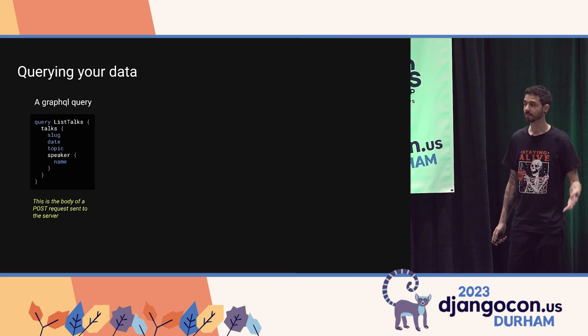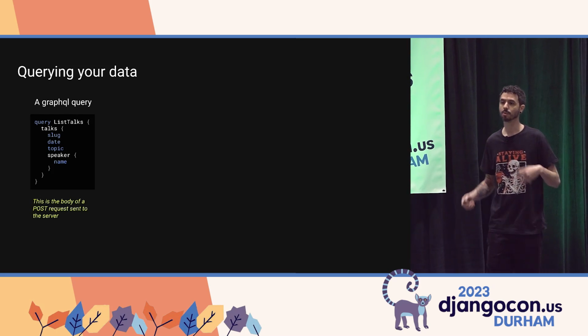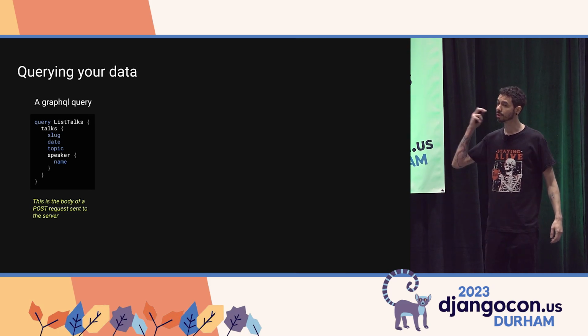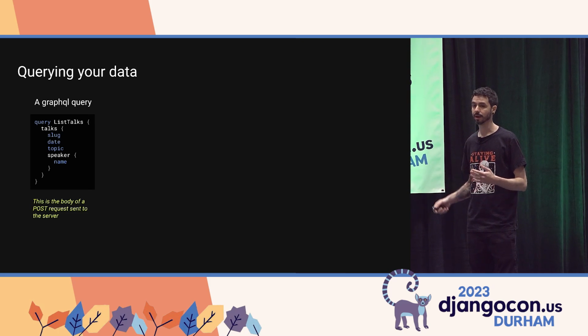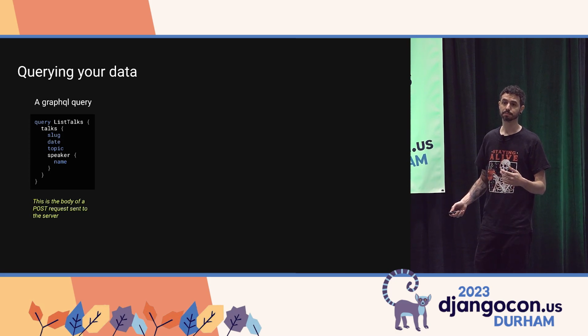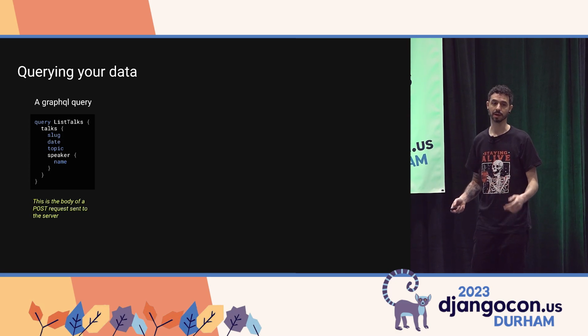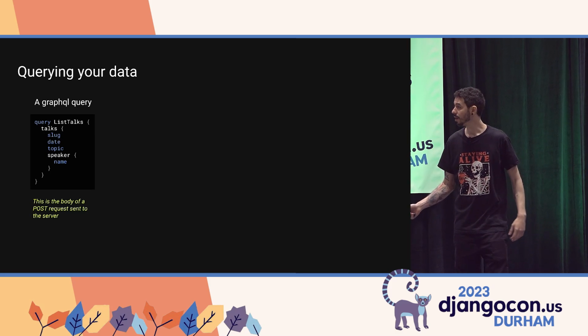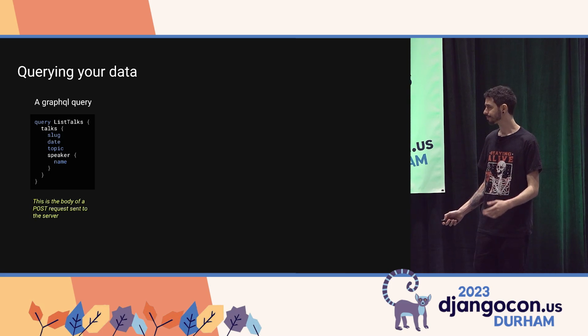And using that as an example, how would I query that data after that? So if I was using REST, I would send a GET request to /API/talks. In this case, I will always be sending a post, and this is basically the body of the request.